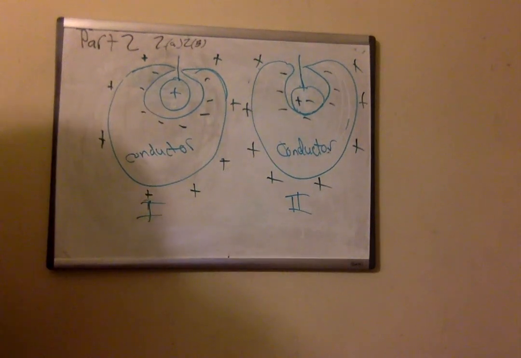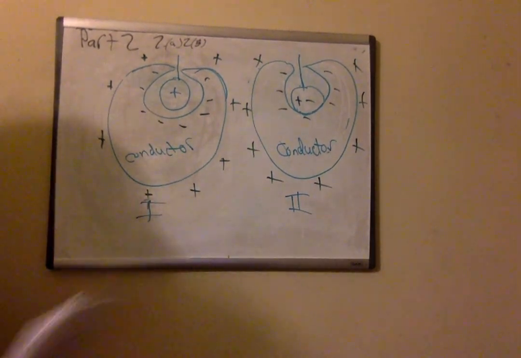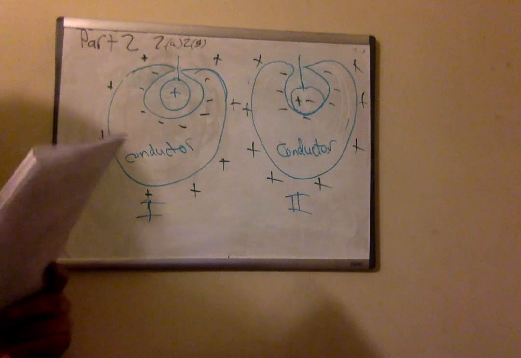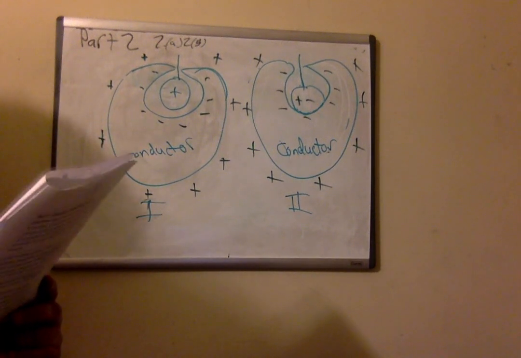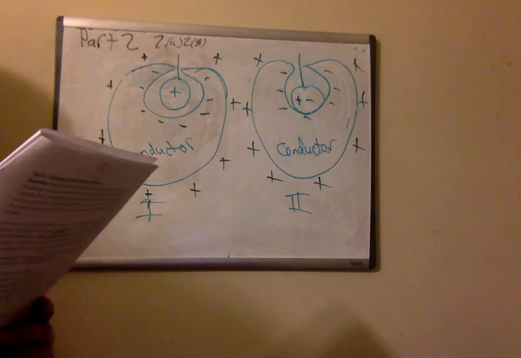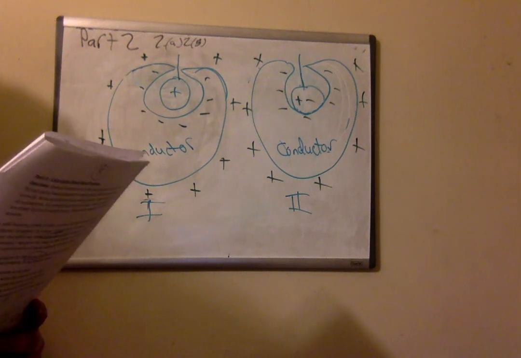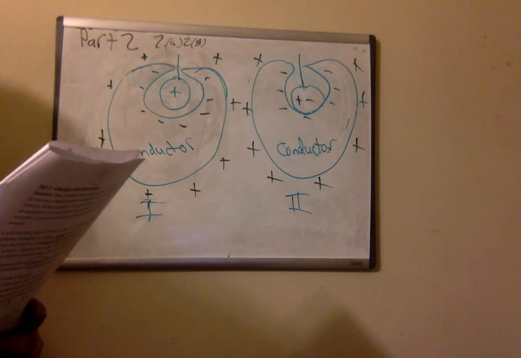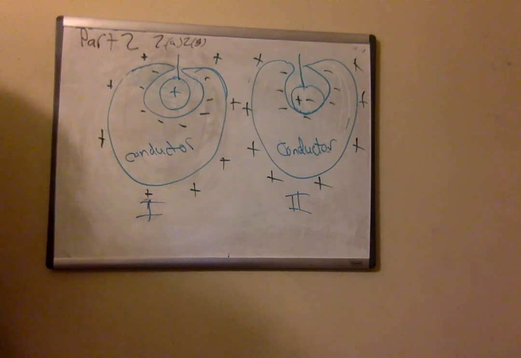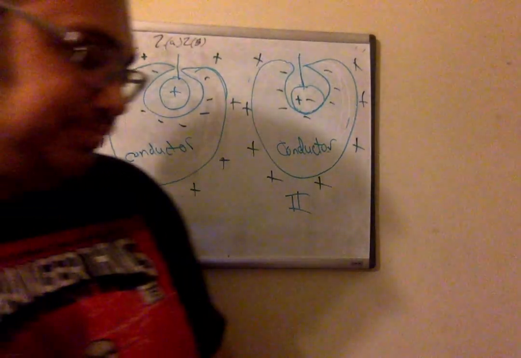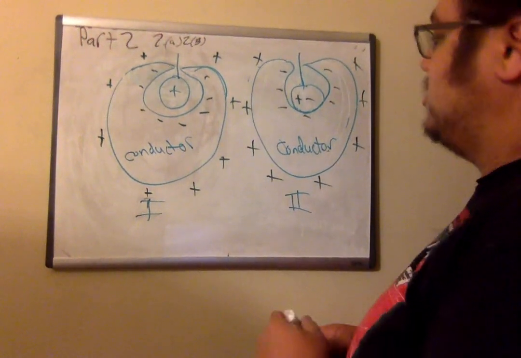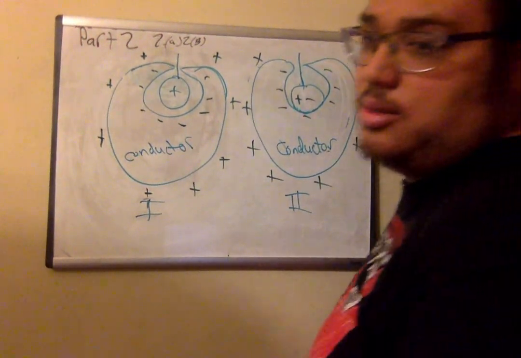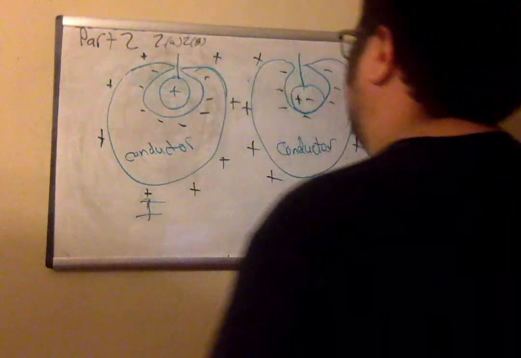Sorry for the shadow. It's nighttime now, so I gotta turn on the light, but whatever. So for part B, describe the direction of the electric field outside and within the cavity of the conductor. So I think it's talking about the electric field.